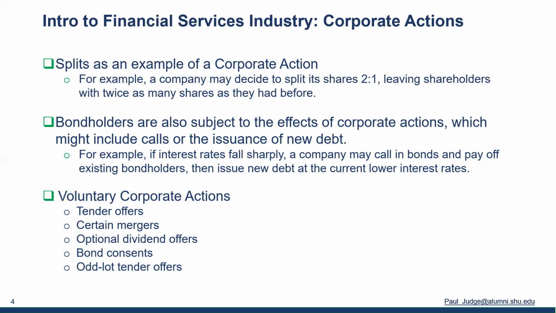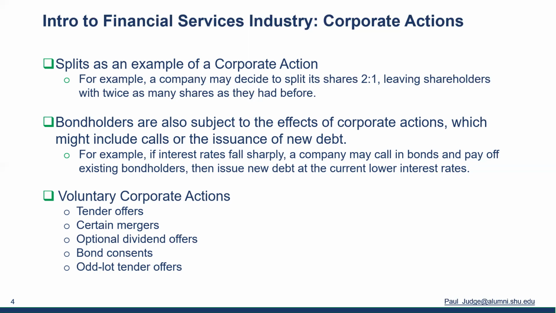And they'll also be able to say, if you don't respond to the voluntary action, something will happen automatically. So brokers will be notified that these voluntary corporate actions are happening. And it's the broker's responsibility to notify all of their clients who have these assets to make a decision on how they should respond to voluntary corporate actions.